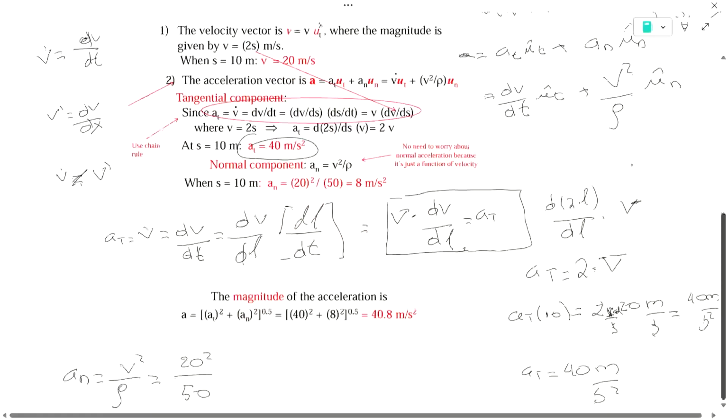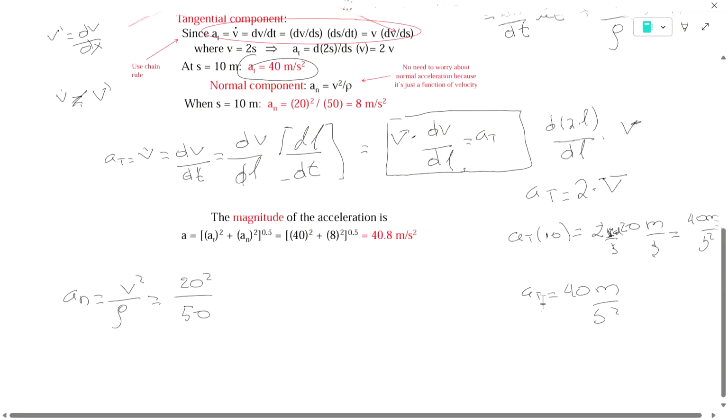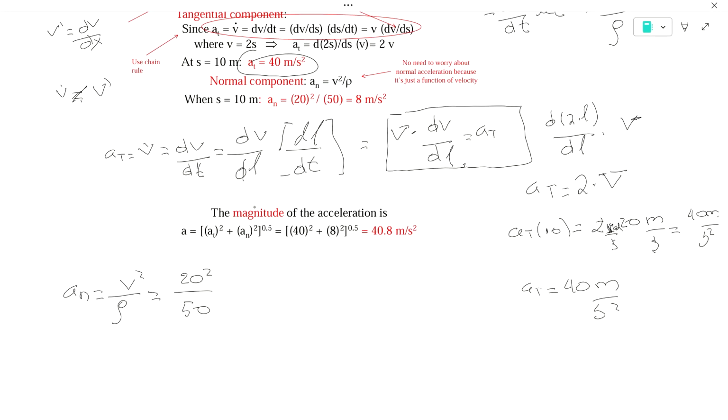It's not 40 because that is the acceleration. It's v squared, 20 squared divided by 50, and that is 8 meters per second squared. 20 squared is 400 divided by 50.